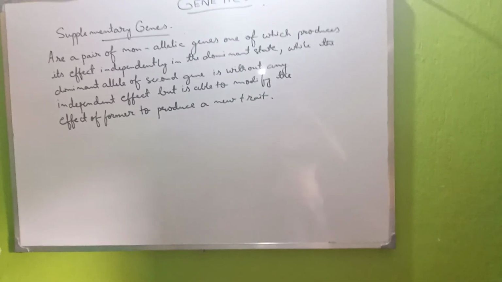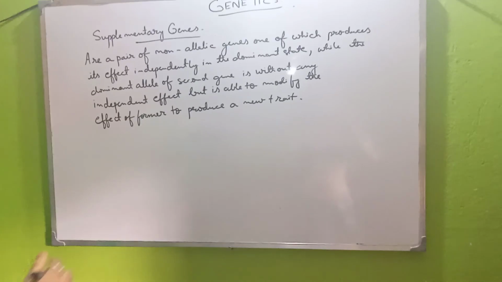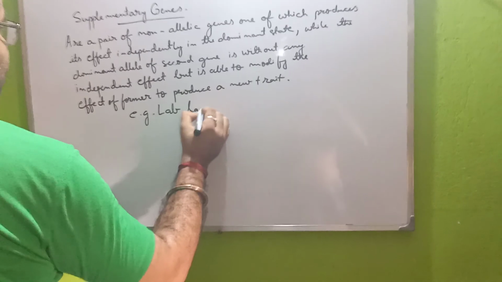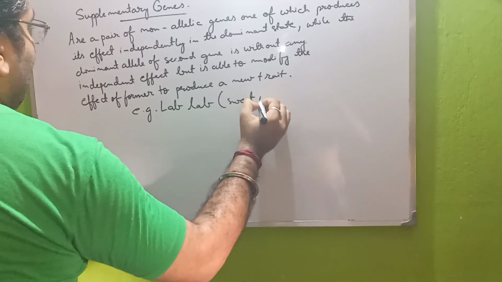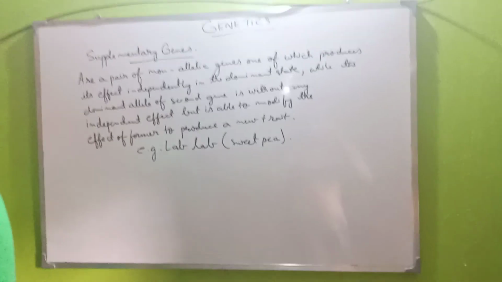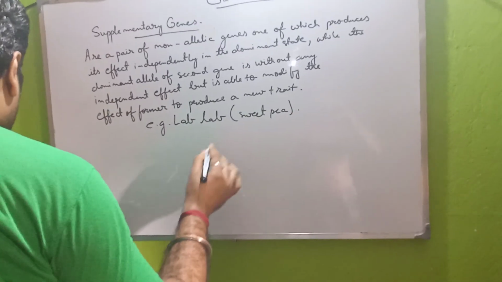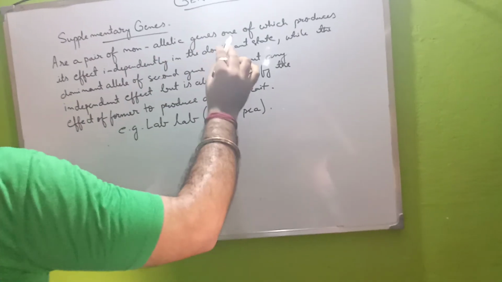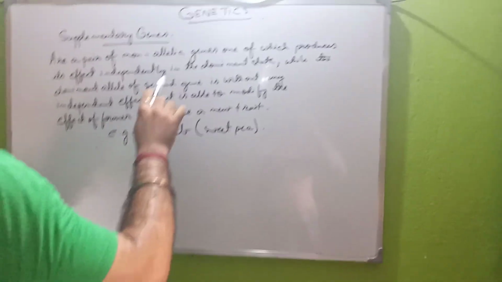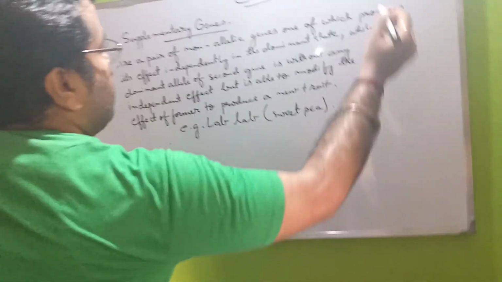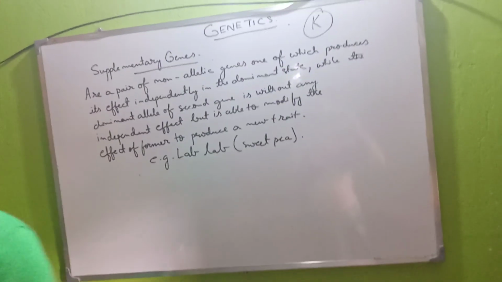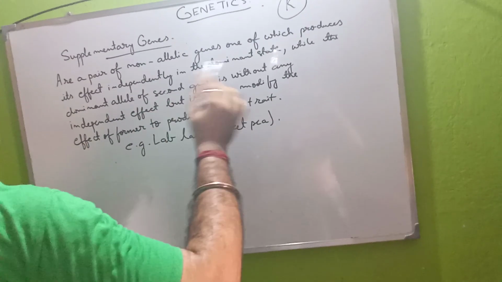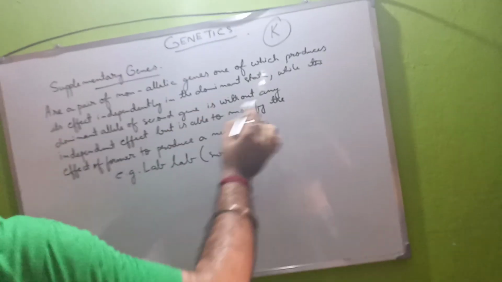So see what it actually says. Let us take an example. For example, lab, a sweet pea. Over here you will find that we have taken two genes. So what it says is a pair of non-allelic genes, one of which produces its effect independently in the dominant state. Suppose there is a gene K. Now this gene K is dominant, while the dominant allele of the second gene is without any independent effect.